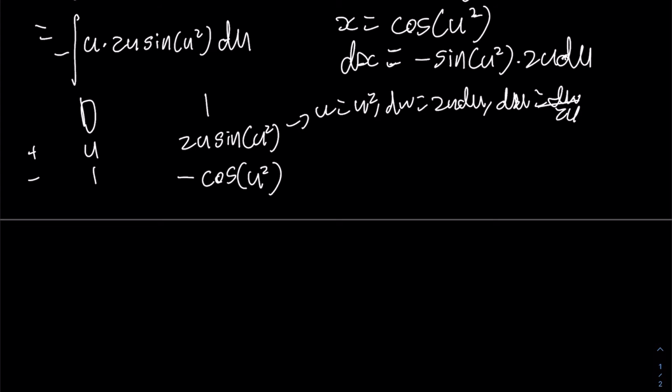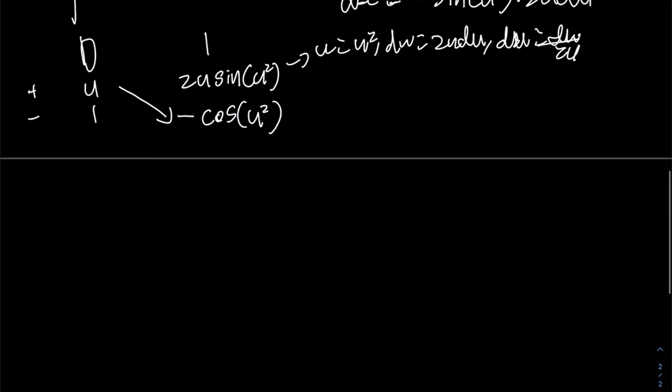So what do we do here? Well, we use integration by parts, so it's uv minus the integral of v du, but in the DI setup, you multiply the diagonals together.